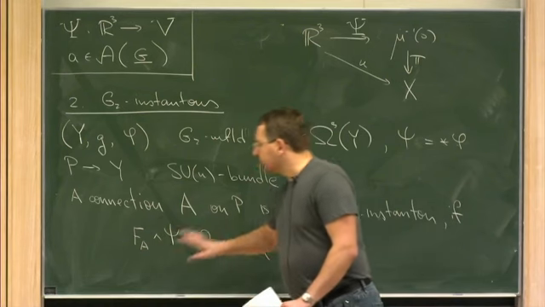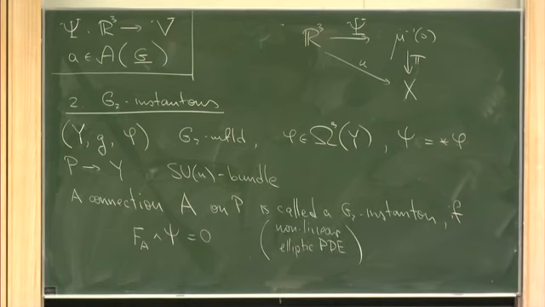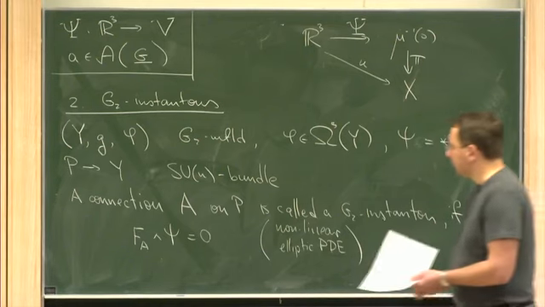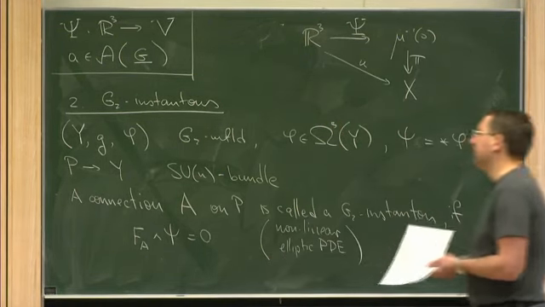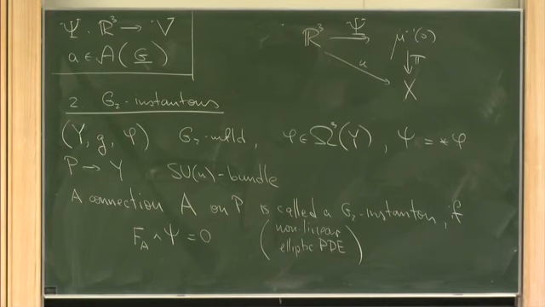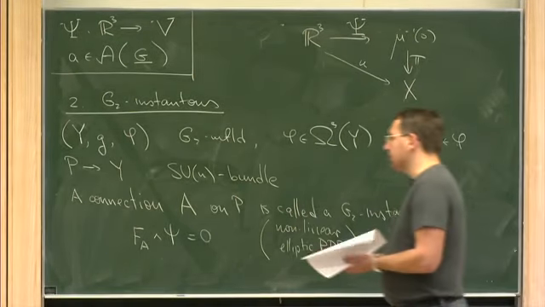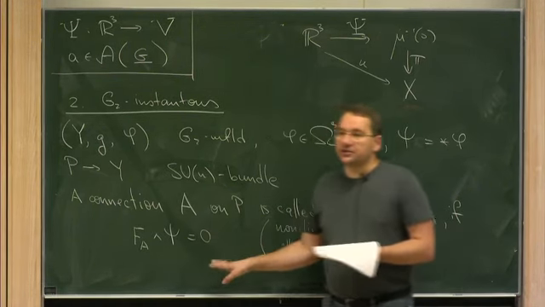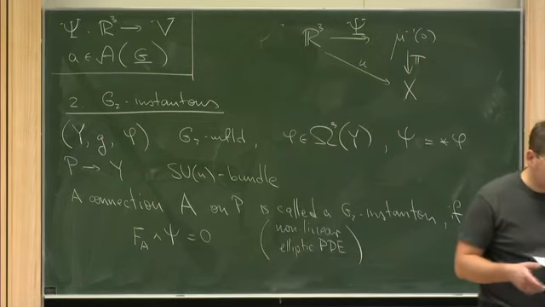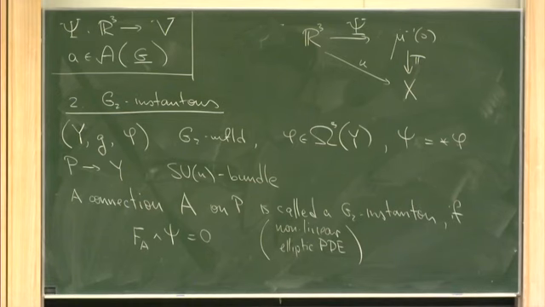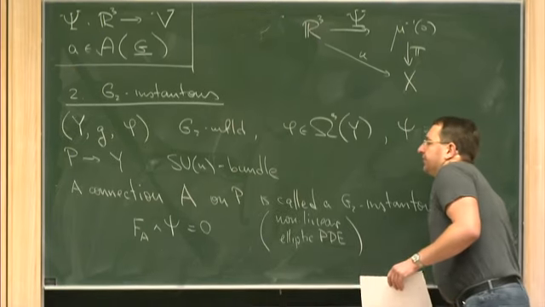There is a way to embed this into an elliptic complex, and you can proceed in the usual way as in gauge theory, but with some care. Anyway, this equation has some similarities with flat connections on 3-manifolds. Just to give you an analogy.